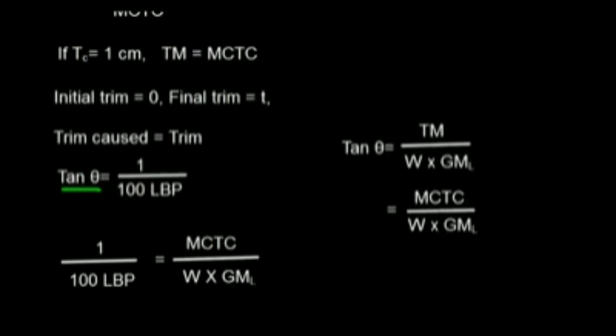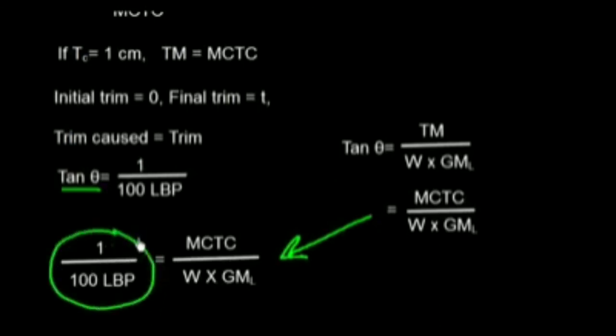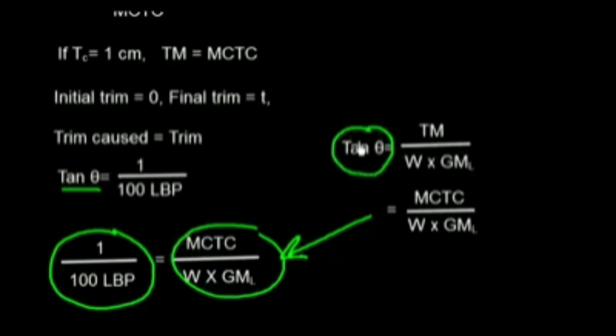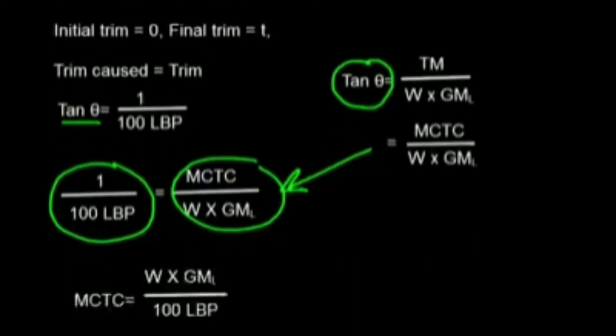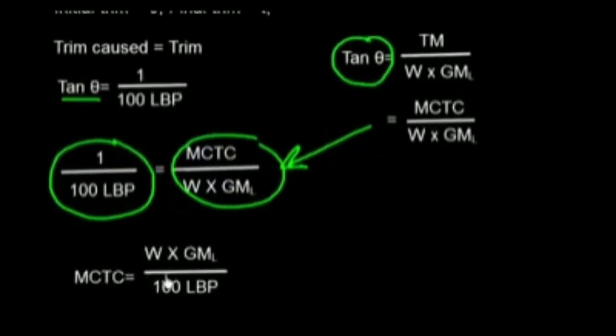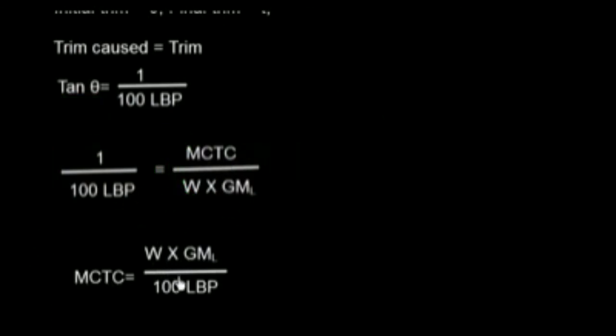So this tan theta is equal to this tan theta. All I need to do now is equate, and I get this relationship where MCTC is W into GML divided by 100 into LBP, and that's a very useful formula.